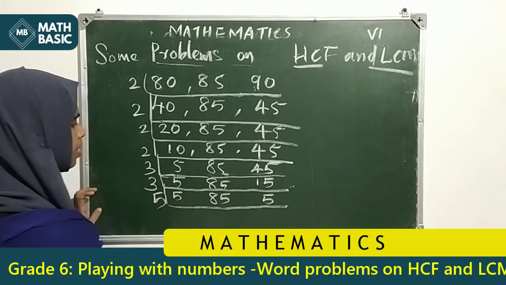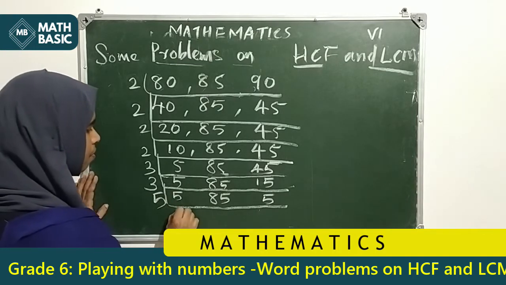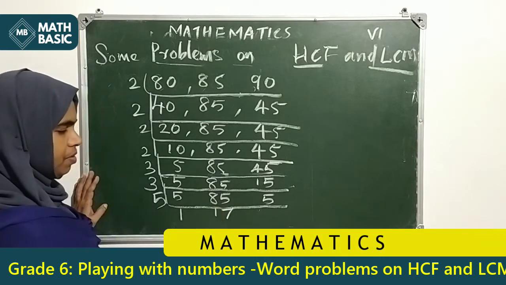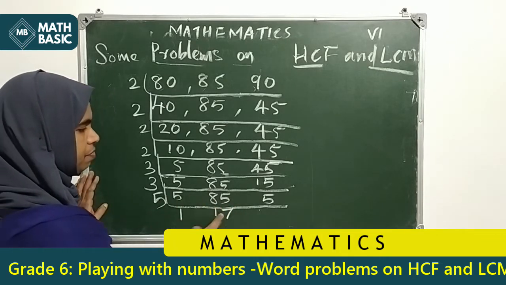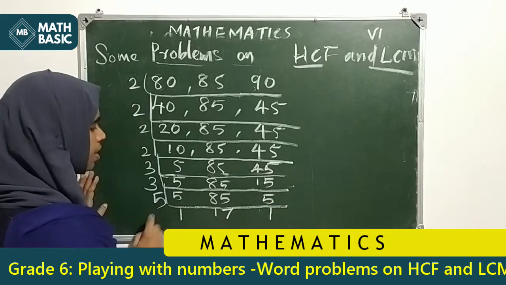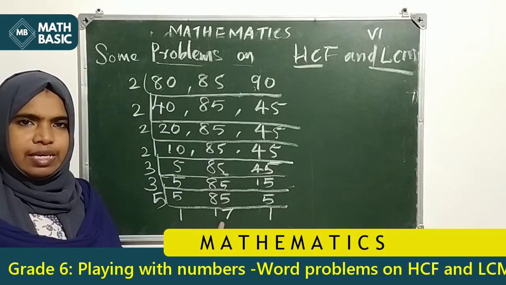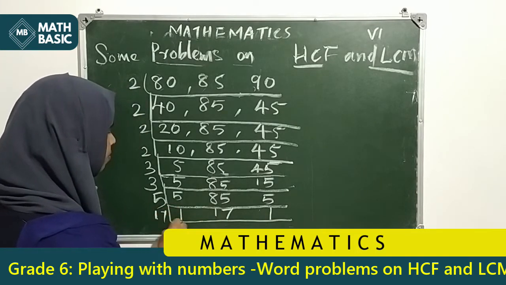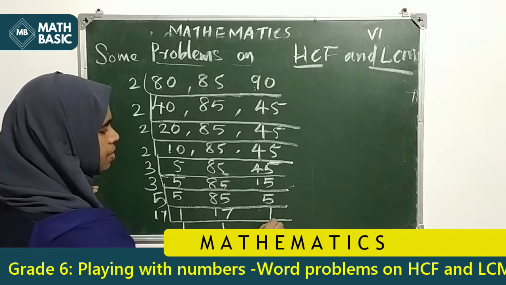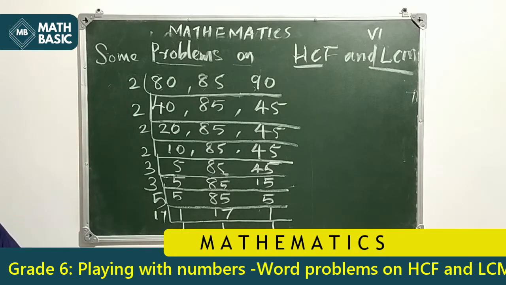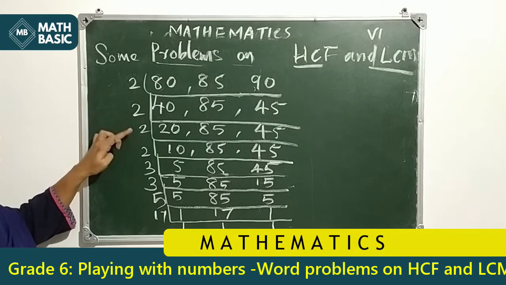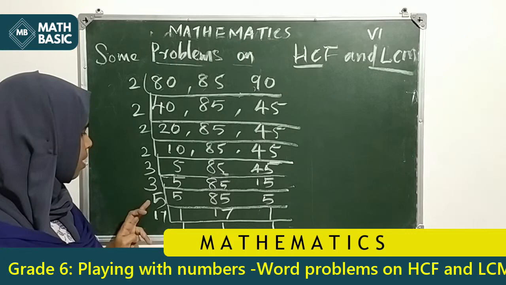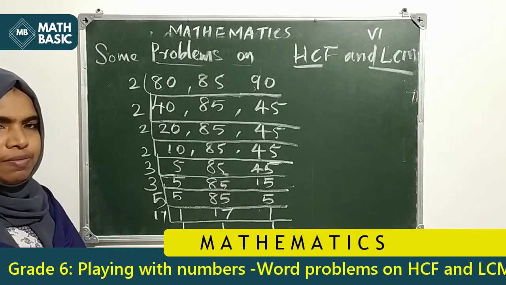So take 5: 1, 17, 1. 17 is a prime number, so 17, then 1, 1, 1. See the steps: how many times 2? 4 times 2, 2 times 3, then 5, and 17.